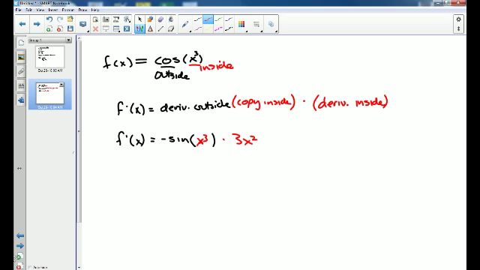Okay, so let's look at one more. Quick note on trig functions. This gets a lot of people. You can rewrite this.